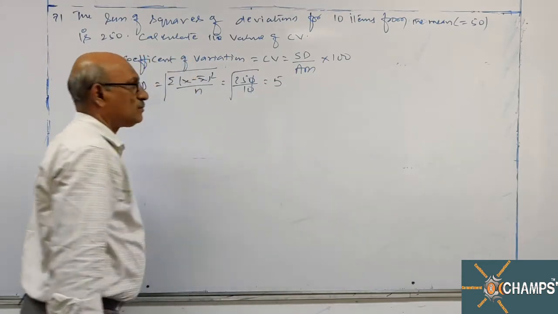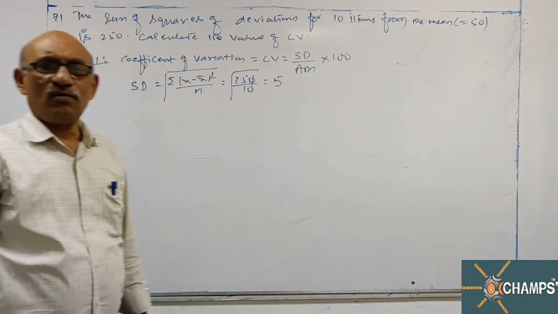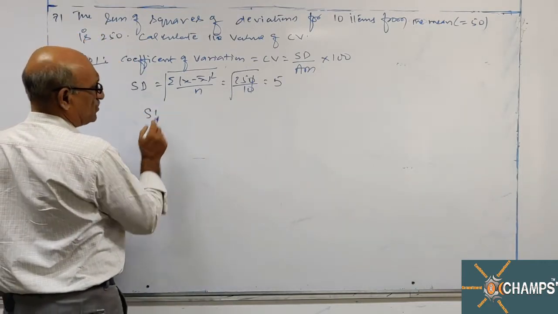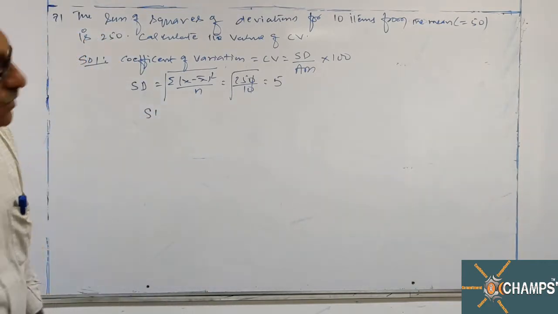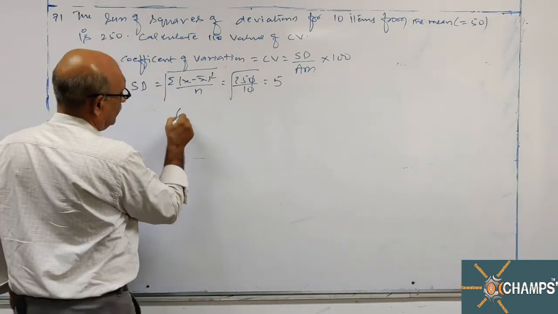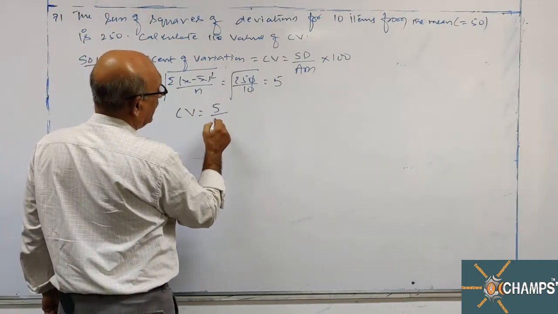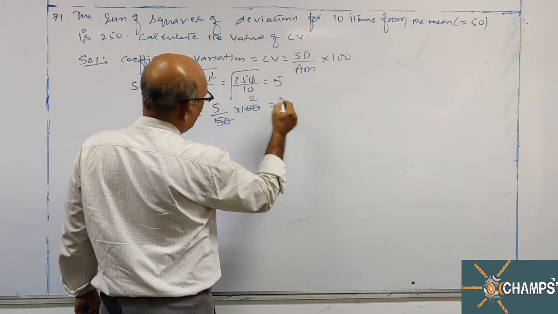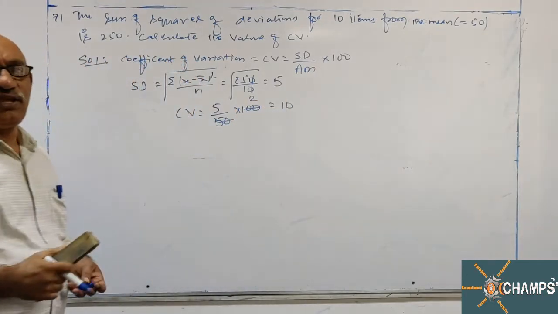This is 25, and square root of 25 is 5. Therefore, standard deviation is 5. CV is equal to 5 divided by 50 into 100. It will go 2 times 10. CV is equal to 10.